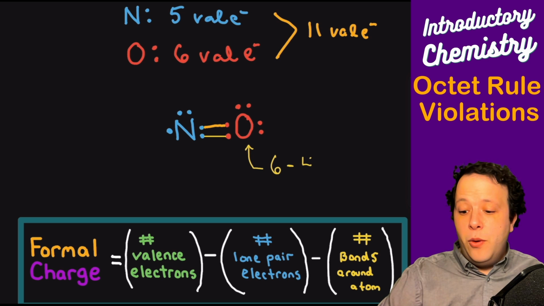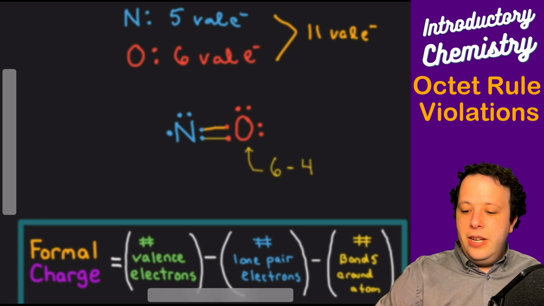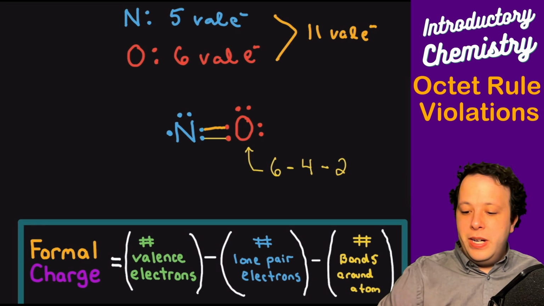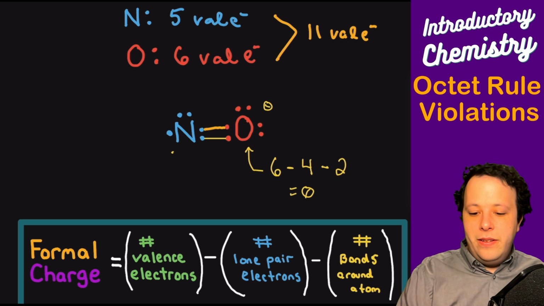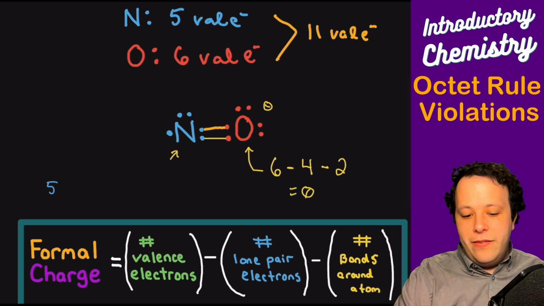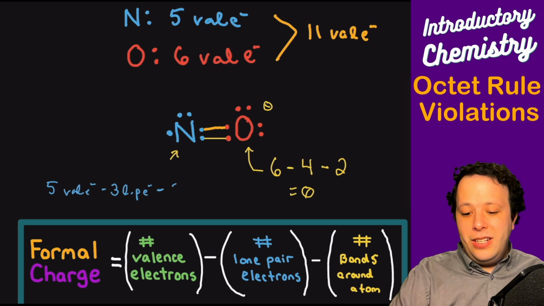It has 4 lone pair electrons, and it's currently making 2 bonds. So that has a 0, so that's fine. Now, what about nitrogen on the other side? Well, nitrogen has 5 valence electrons. It has right now 3 lone pair electrons, and then it is making 2 bonds as well.